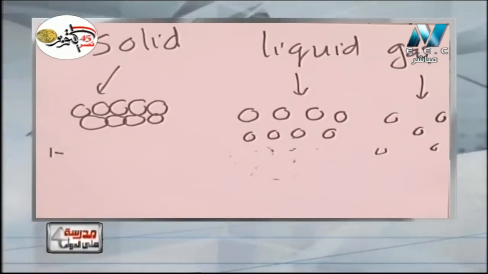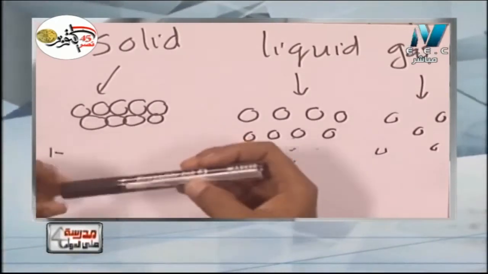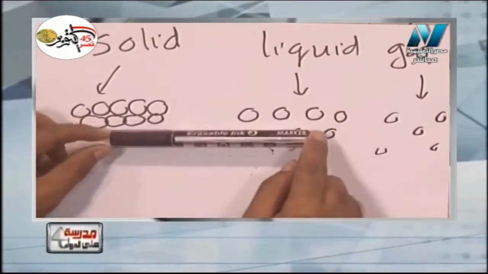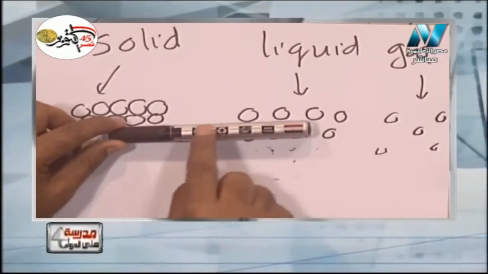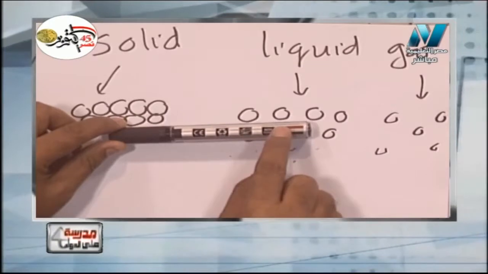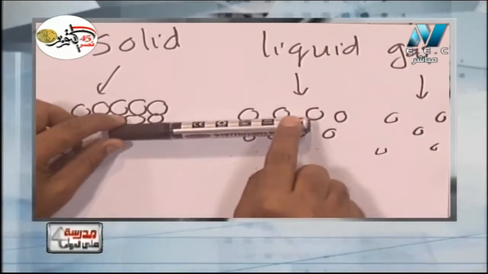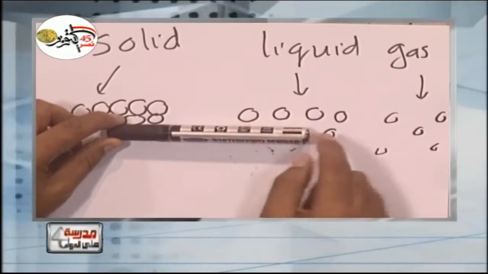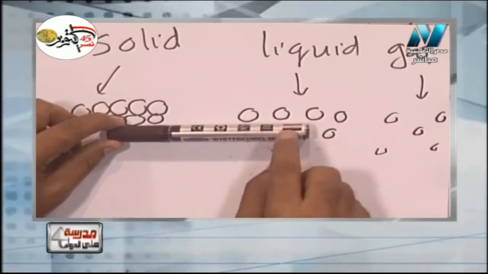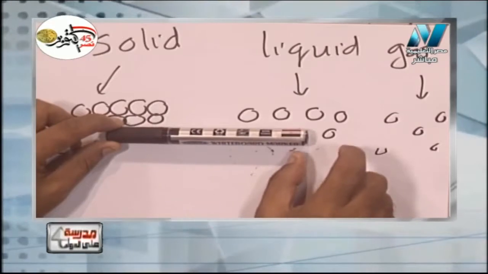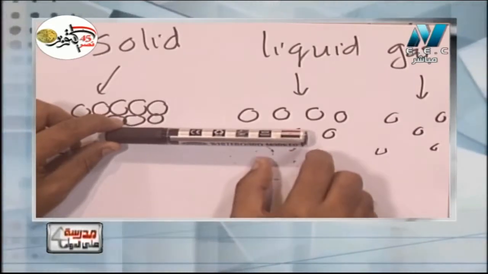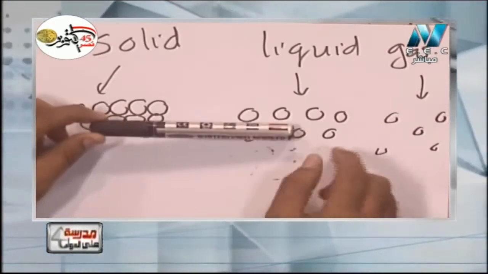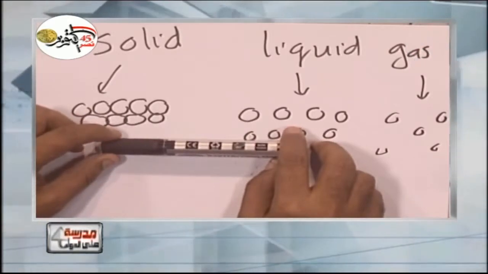Can you notice, my dear student, that the molecules of this marker, of this whiteboard, are in a state of continuous motion? Can you notice this motion? Sure not. You can't notice that the molecules of ice are in a state of continuous motion. Why?